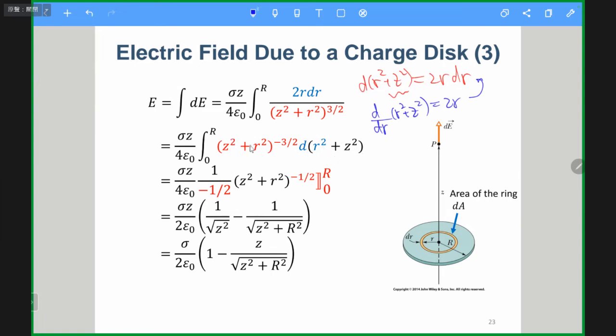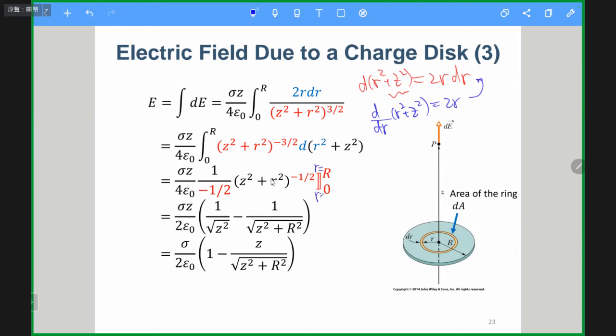This one and this one are actually the same. And then we evaluate it from 0 to capital R. So when we plug in, of course, we have a negative sign here, with r being 0 and r being capital R.